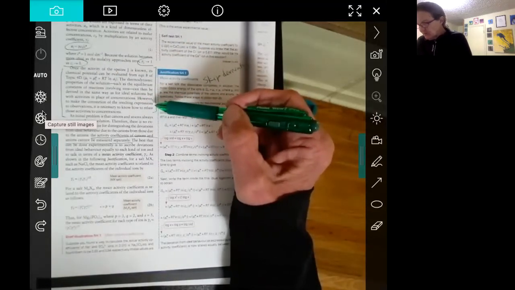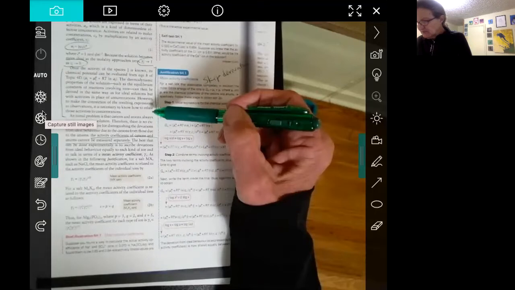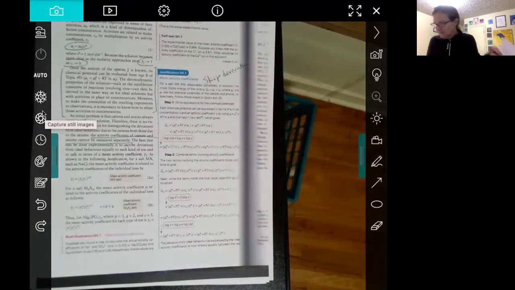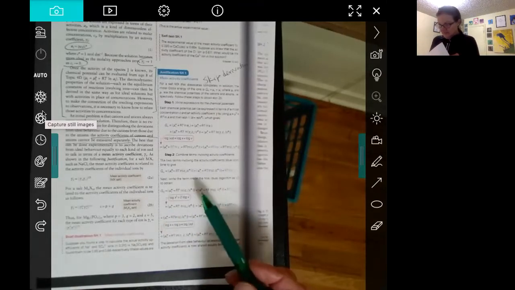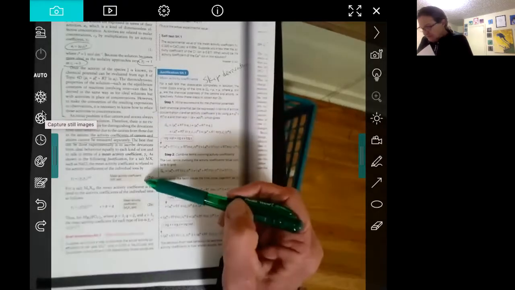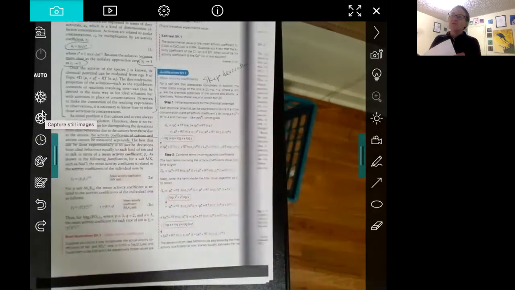However, to make the connection of the resulting expressions to observations, it's necessary to know how to relate the activities to concentrations. So we're going to go through a theory called the Debye-Huckel theory that is a pretty good theory at calculating activity coefficients. The first thing you have to realize is if you put something in solution, you get a cation and an anion, you can never measure the activity coefficient of one or the other.